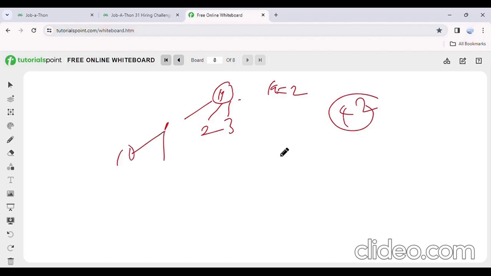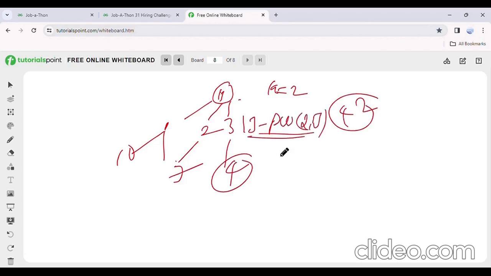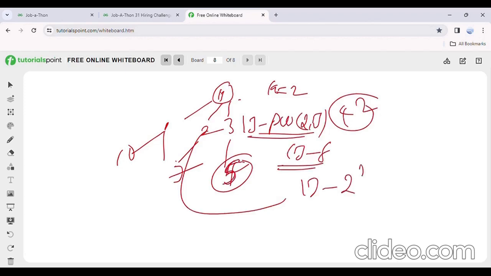In the next iteration, it becomes 7, and in the next iteration it becomes 4. Why? Because 13 minus 2 power 3, sorry, it is 5. Here also 13 minus 2 into 2, so 13 minus 2 into 2 is, sorry, it is 9.